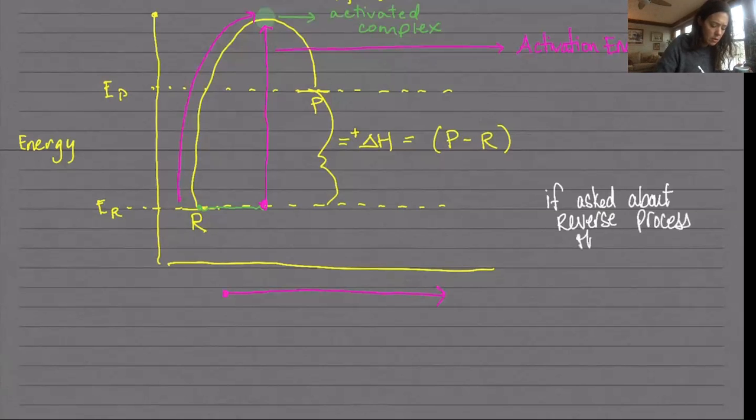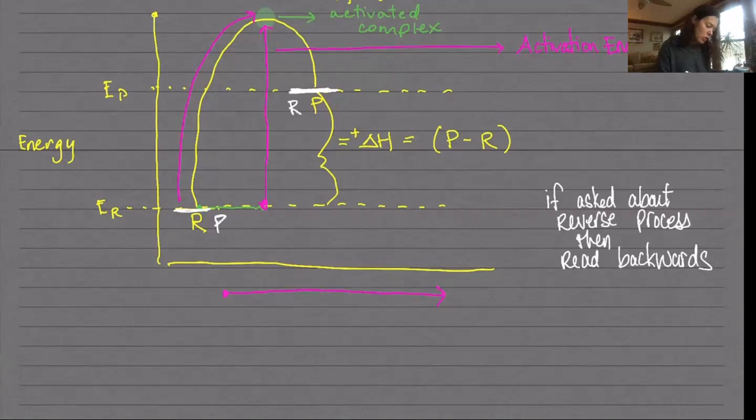And what you see is that if the forward process is endothermic, then the reverse process has me starting with more energy and ending with less energy. So I would have the same delta H, but a change in the sign.